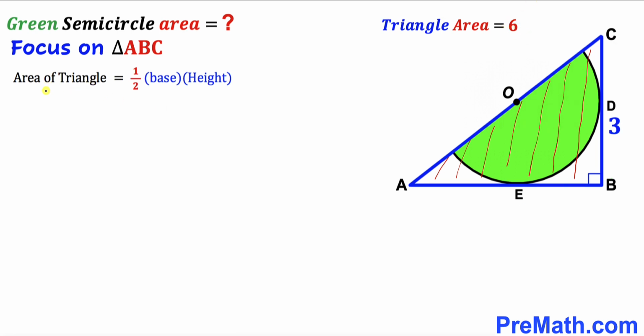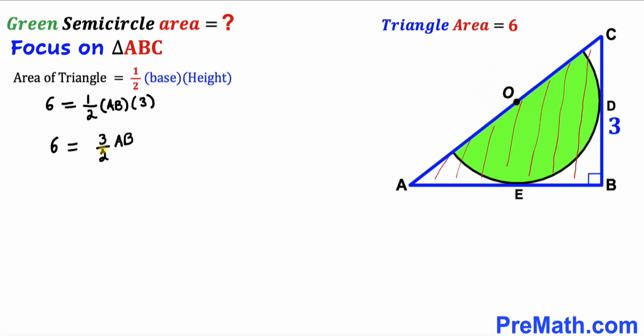So let's fill in the blanks: 6 equals a half times the base AB length times the height 3. This could be written as 6 equals 3 divided by 2 times AB length.